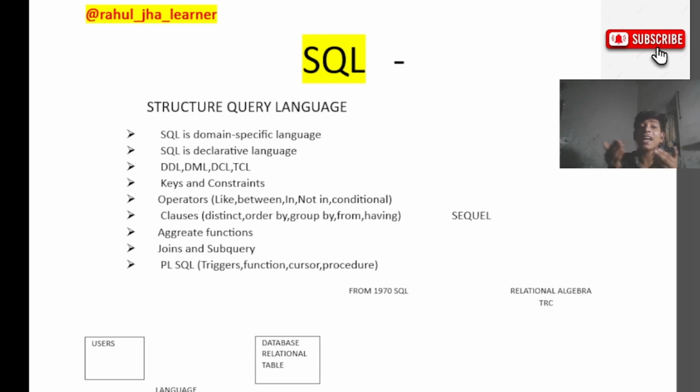Because what E.F. Codd gave was a theoretical model of how we store data, with selection, projection, all mathematical basis functions. But what IBM did later was convert this into a language, that is Structured Query Language. Initially they called it SEQUEL, which means Simple English Query Language.